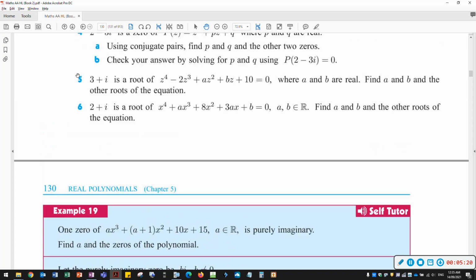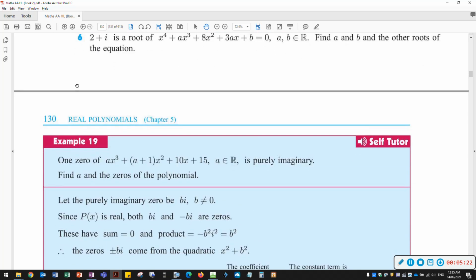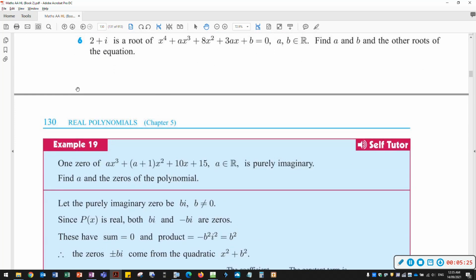This is exercise 5H, question 6. x to the 4 plus ax cubed plus 8x squared plus 3ax plus b equals 0, and we know 2 plus i is a root. Okay.